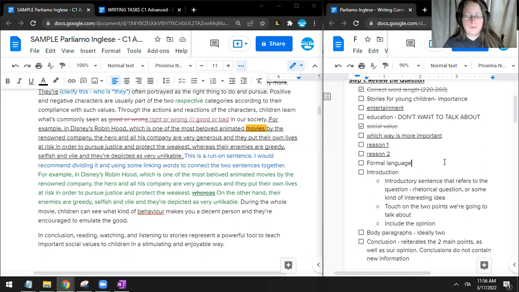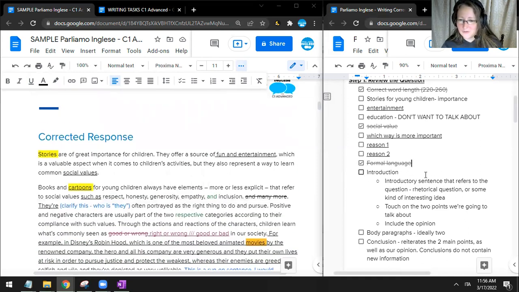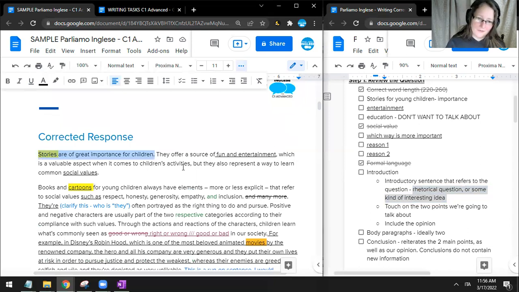However, it was formal language. The tone I felt was very appropriate to writing an essay. We did have an introduction that touched on the two points. We could have made it stronger using a rhetorical question or something, something a little more interesting than just 'stories are of great importance to children'.